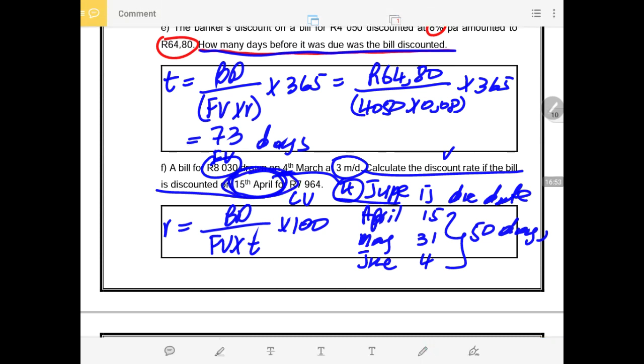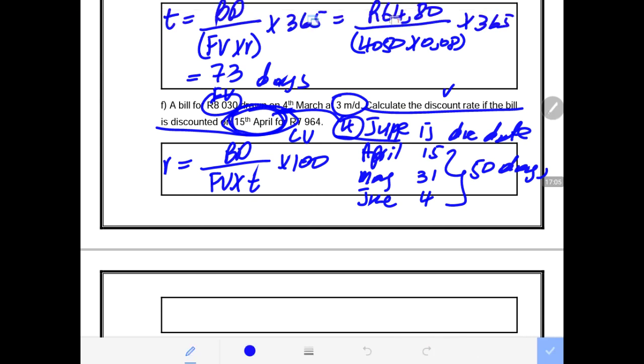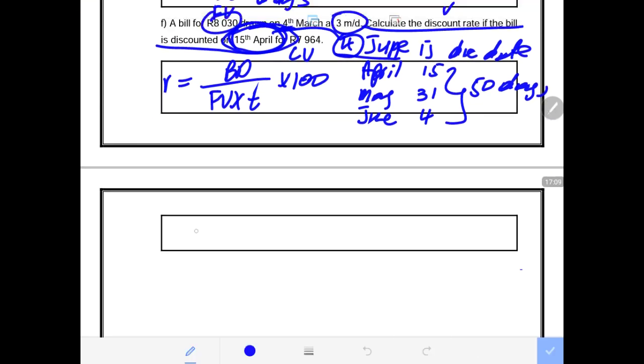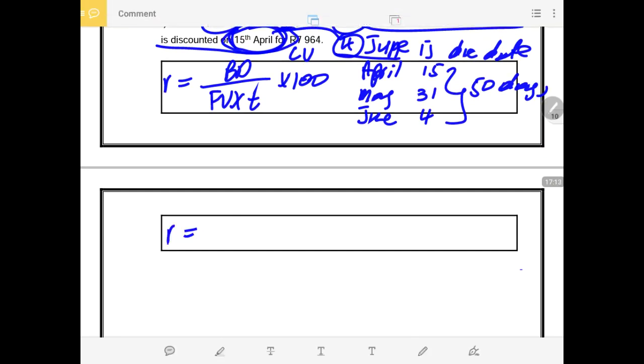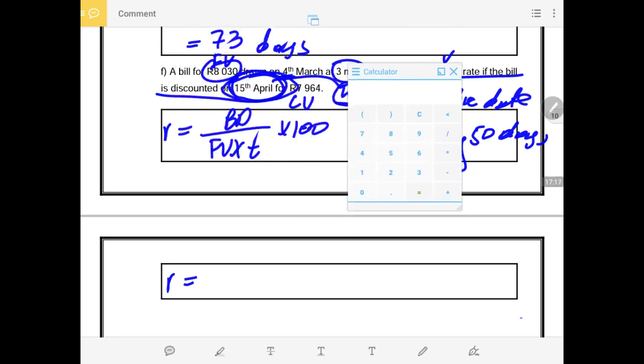So we are very clear in our calculations and very confident with our numbers and very brilliant with our minds. And we continue now on that same note, knowing that our T is 50 days. How do we continue? We continue with our formula, and we say our R is equal to the difference between the face value of the bill and the cash value of the bill. Face value of the bill is 8,030.